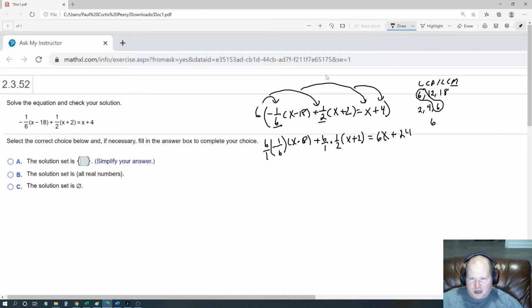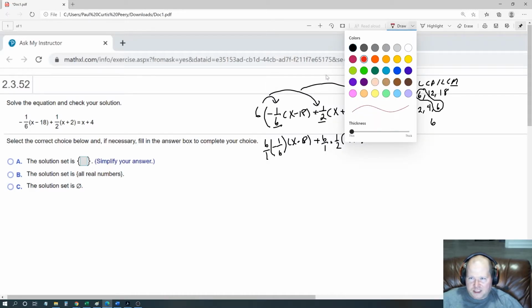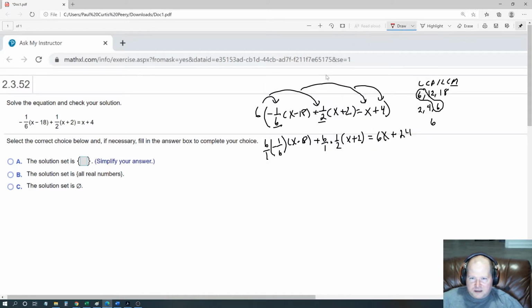You might be tempted to also multiply by what's inside the parenthesis, but this whole grouping is just one term, so we only hit it once. You multiply the entire grouping by the 6, not everything inside it. Now we simplify.